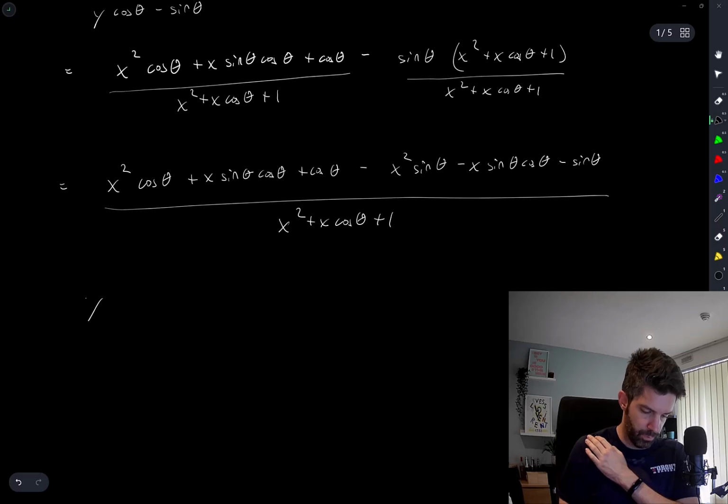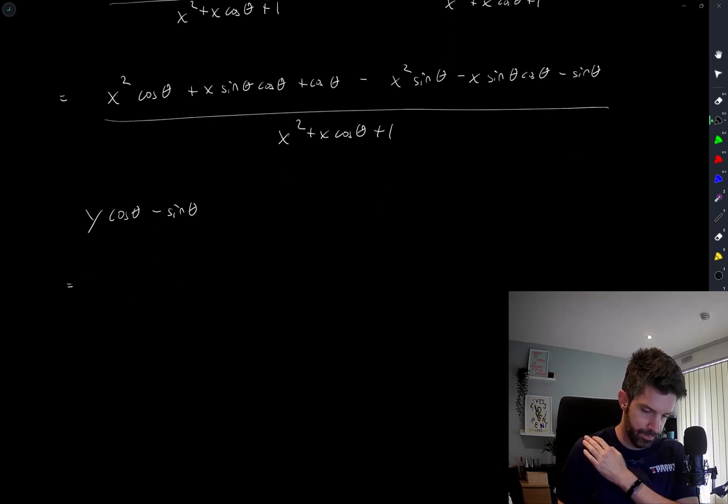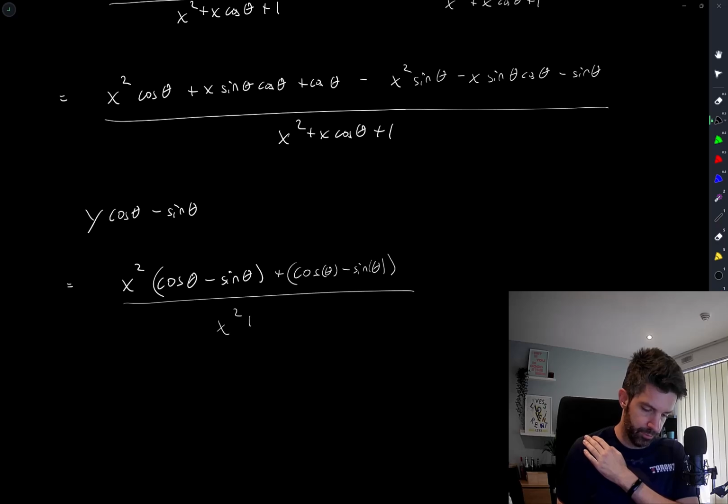So I have y cosine theta minus sine theta is equal to x squared times (cosine theta minus sine theta) plus x. No, actually the x terms cancel. I have plus (cosine theta minus sine theta) divided by (x squared plus x cosine theta plus 1).